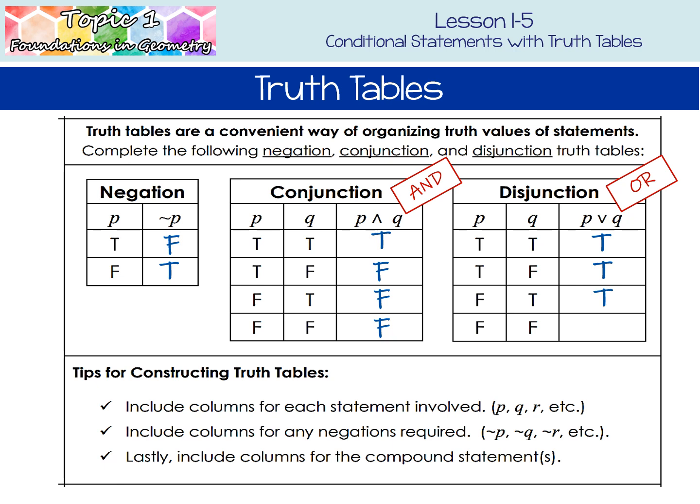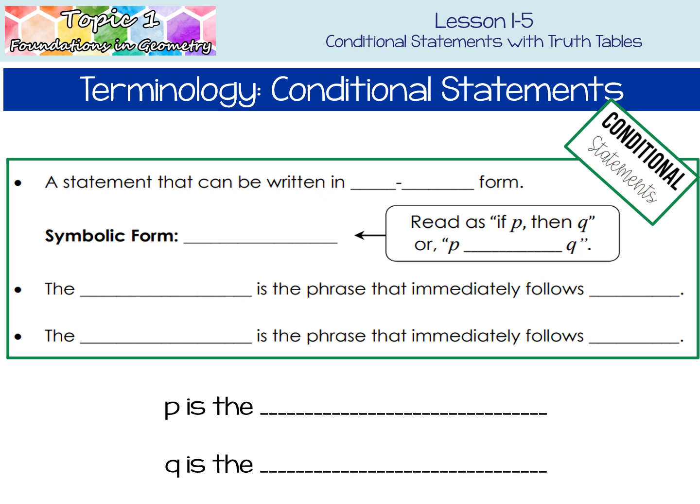False and true is true, false and false is false. Terminology, conditional statements. A conditional statement is a statement that can be written in if-then form. Symbolic form is P with an arrow Q. That means P implies Q, or if P, then Q.